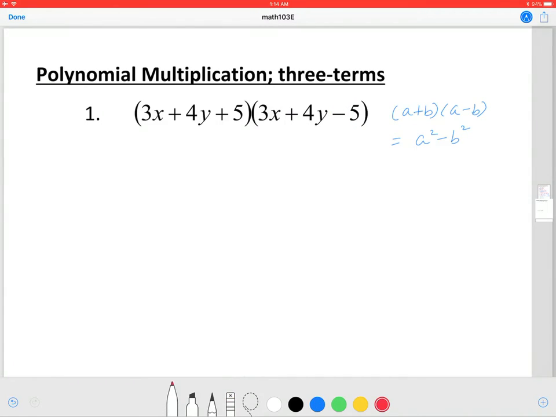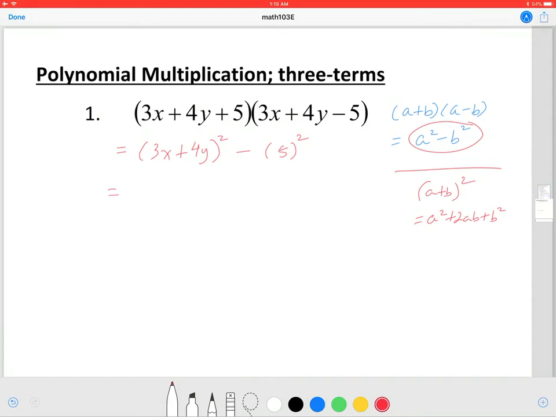And so according to this formula, A squared is 3x plus 4y squared, minus B, which is just 5. And I'm going to put parentheses here so that you do get the negative 25 there, negative because there's a minus sign in between. And what we have is the 3x plus 4y squared, and hope you remember, this a plus b squared is a squared plus 2ab plus b squared.